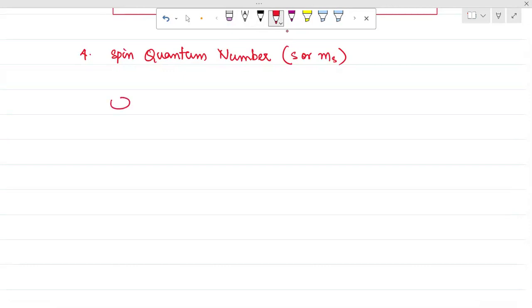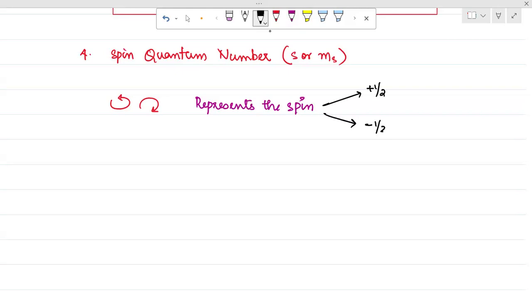It can either spin like this or like this, either clockwise or anti-clockwise. It represents the spin. And the spin value of an electron can either be +1/2 or -1/2. That's all. Either in one direction or the other.